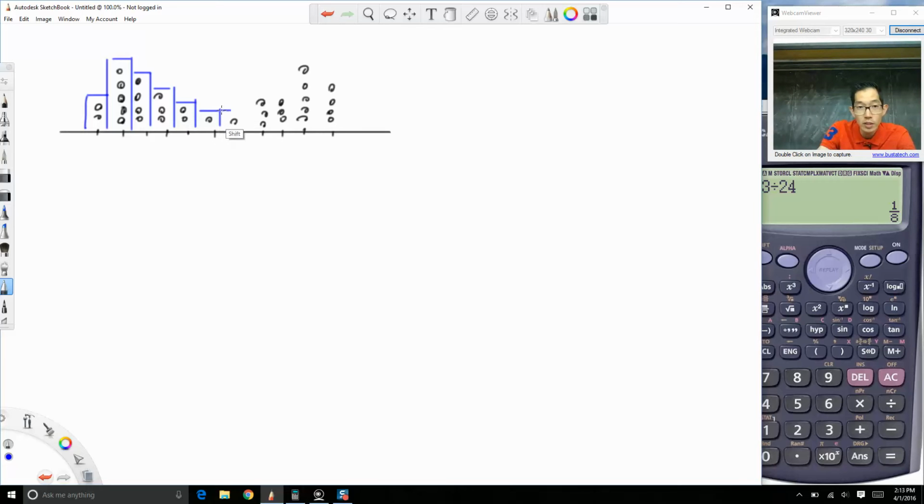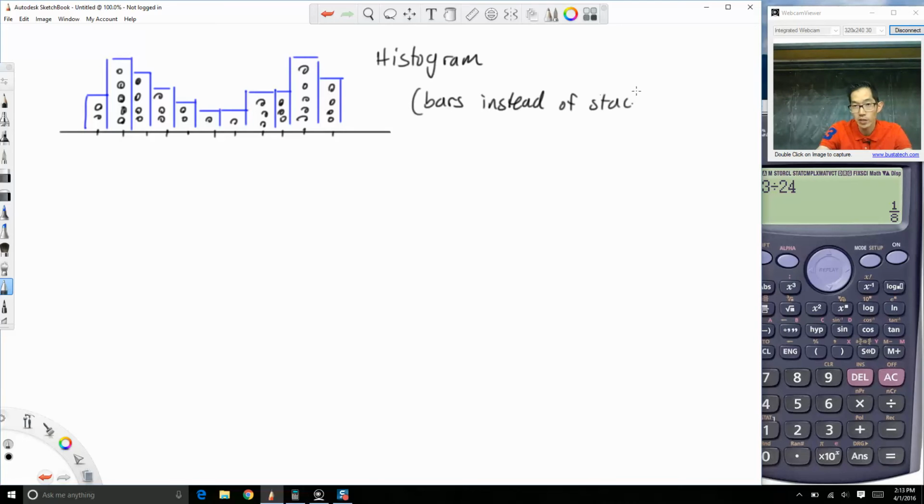Then just imagine that the dots don't appear here. So this would now be a histogram. Basically bars instead of stacks of dots.